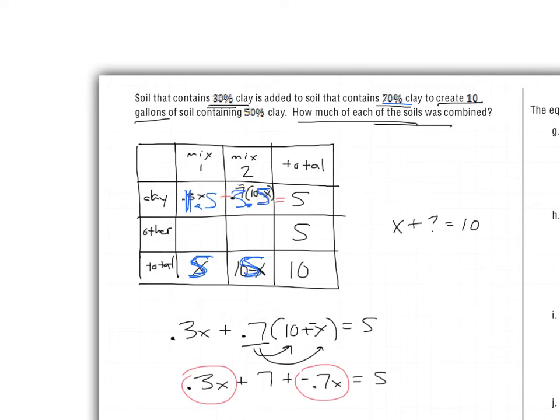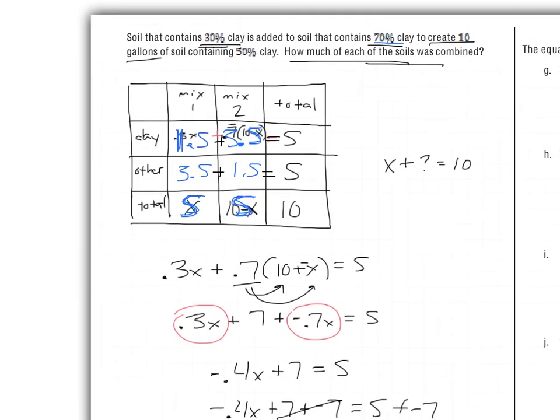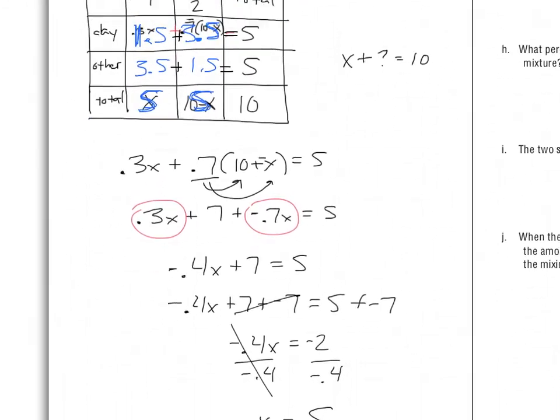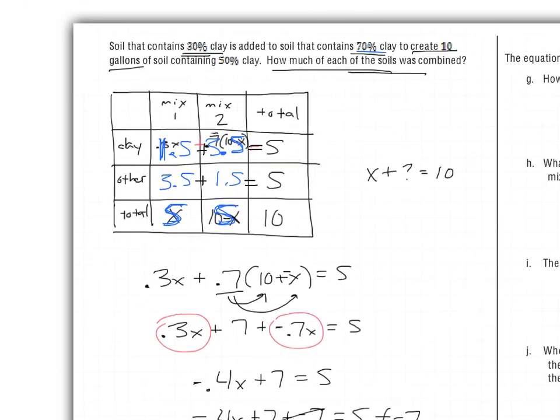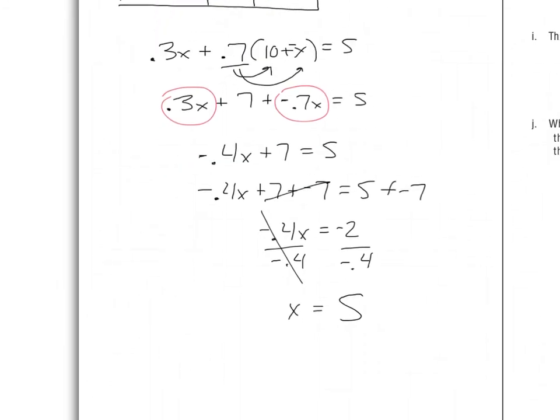And that's going to give me 3.5 and 1.5 left over. And we can see that everything adds up. Our 1.5 plus our 3.5 gives us 5. Our 3.5 plus our 1.5 gives us 5. The 5 plus 5 gives me 10. And so how much of each soil do we need? Well, we need 5 gallons of each soil.